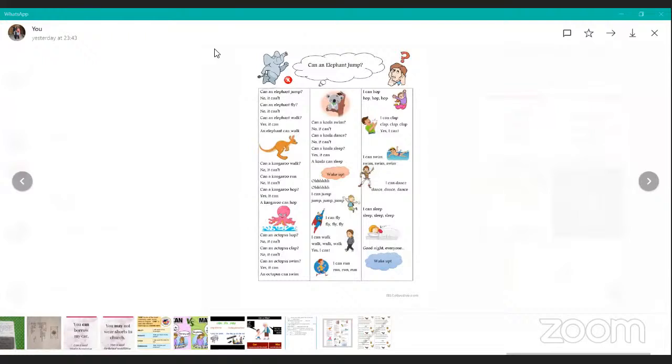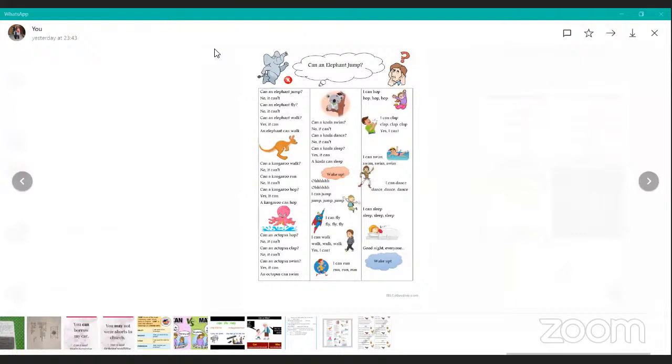Right. Next, look at Superman. I can fly, fly, fly. I can walk, walk, walk. Yes, I can. I can hop, I can clap, I can swim, I can dance, I can sleep. Right. Okay.